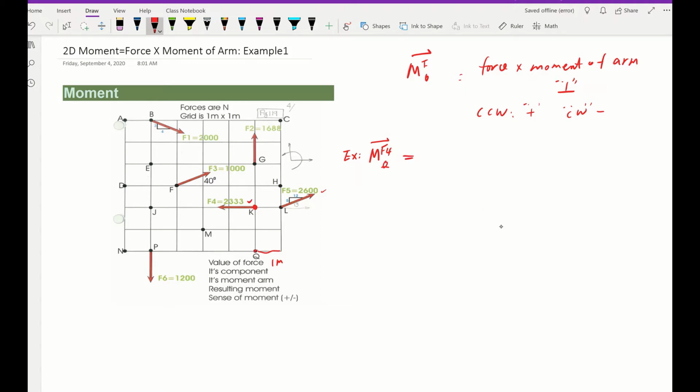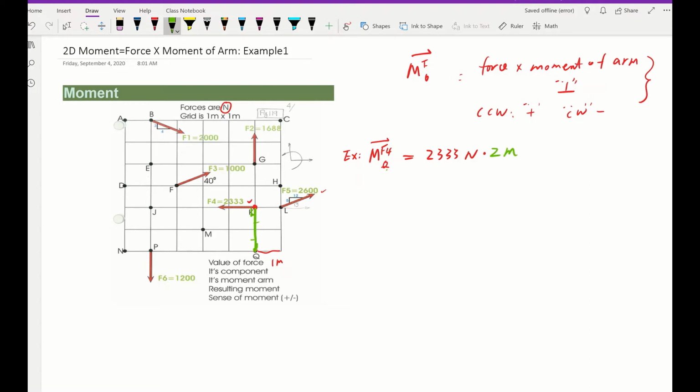Using the review we just had, it's going to be the force, 2333, and this force is all in Newtons, times the moment arm. How do we draw the moment arm? It's from the rotational point Q, because F4 is rotating about Q, to this force, perpendicular. The green line is going to be our moment arm, which happens to be 2 meters.